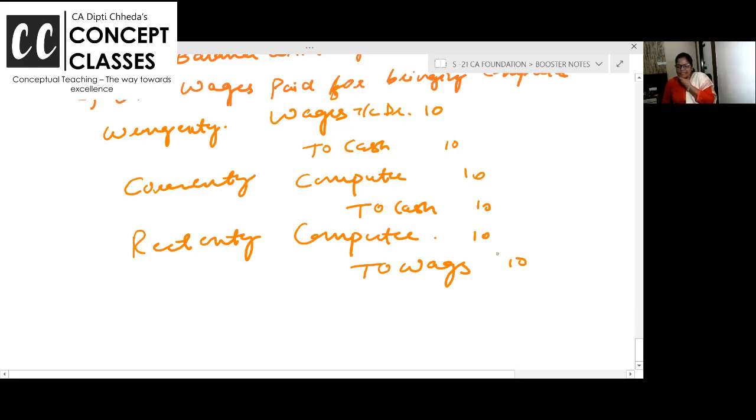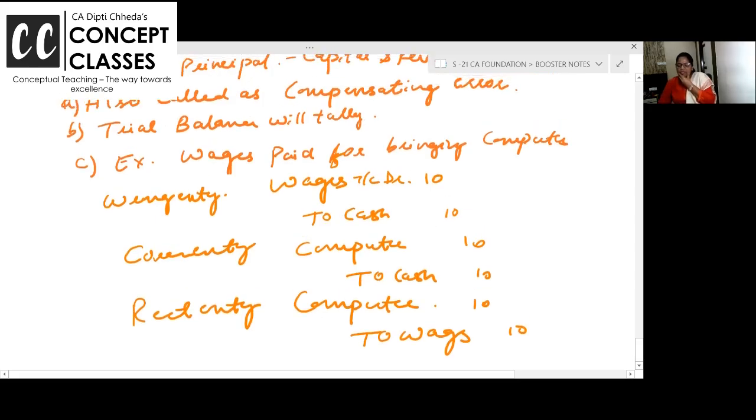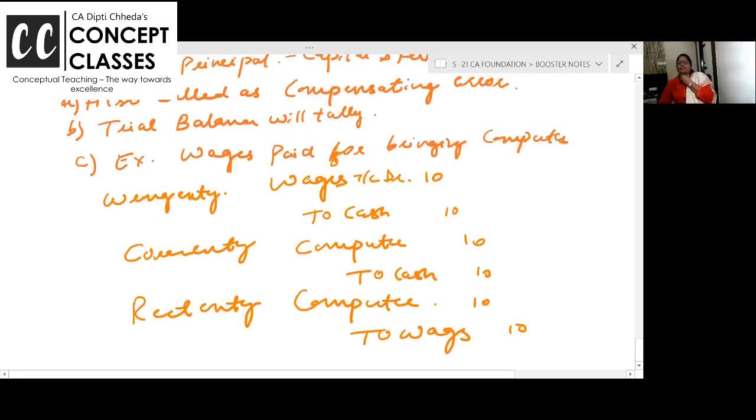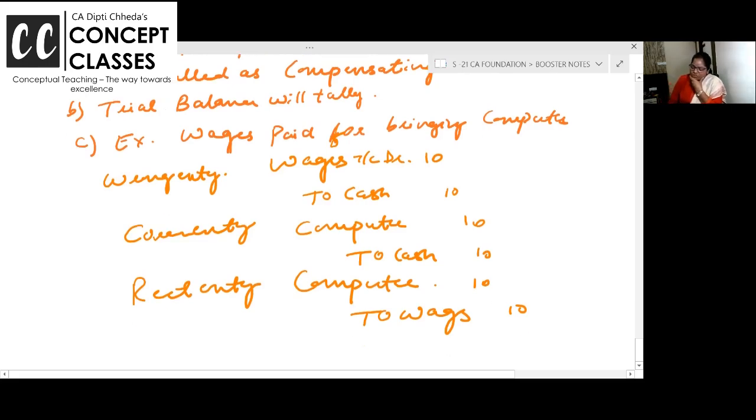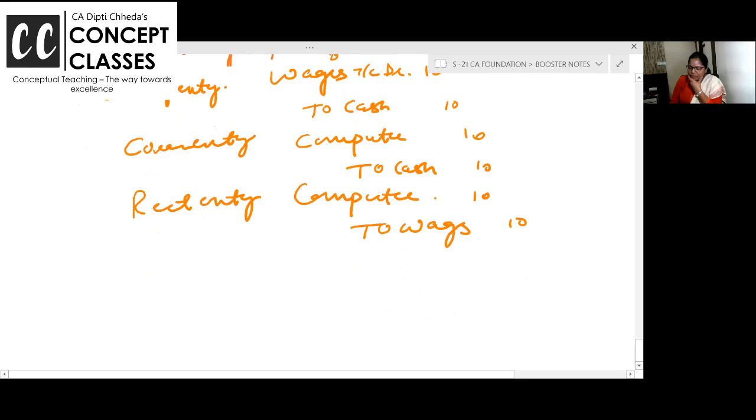Error of principle is clear. This is all we are writing in booster notes, types of error. Chalo, finished writing all of you? Is my speed fine? You are able to write?